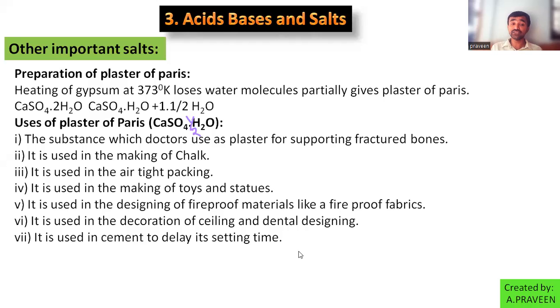It is also added to cement to reduce its setting time. If you add it to the cement, it hardens and dries easily. So these are the uses of plaster of Paris.